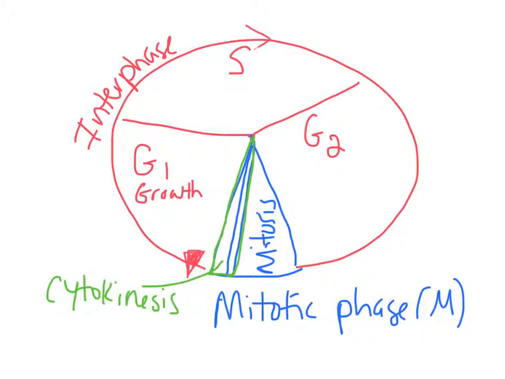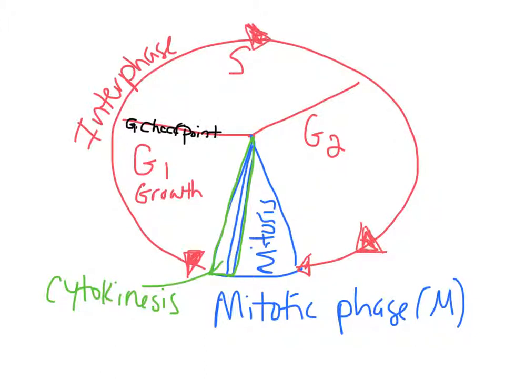The cell cycle does go around. I've drawn it in a clockwise direction here. Those are arrows. The cell goes through G1, and if the cell receives a signal, it gets past what we call the G1 checkpoint.